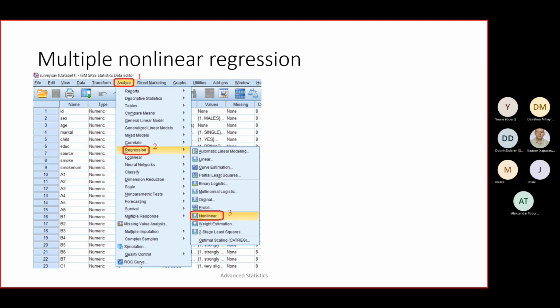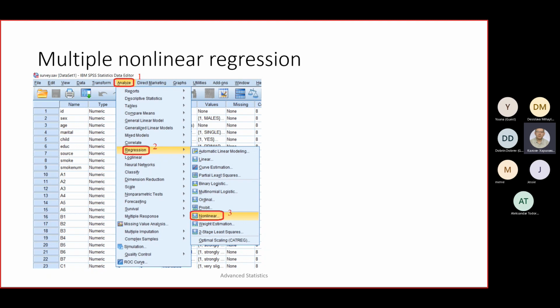And now again in SPSS we can make multiple non-linear regression. As before the break, we made non-linear regression with single factor. Now we can make non-linear regression with many factors, but it is possible only in SPSS.